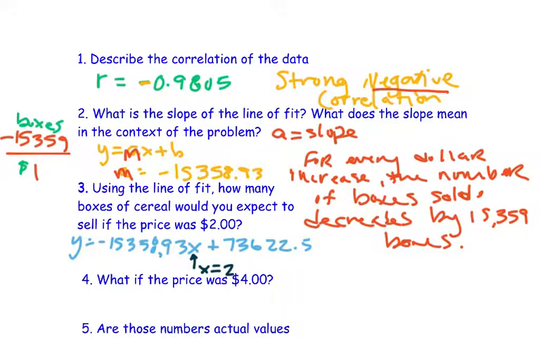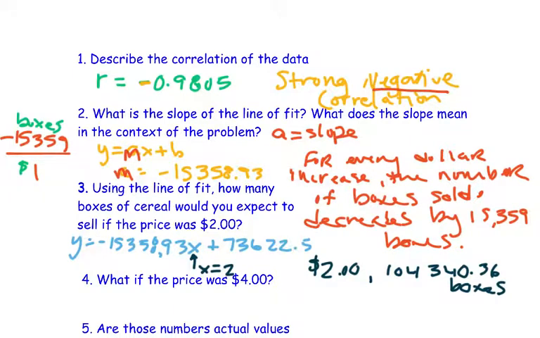So if we plug in an x of 2, that just means 2 times 15358.93 plus 73622.5. So that means that if we have $2 for our price, we're expecting 104,340.36 boxes. And again, all I did was plug in a 2 to that equation.